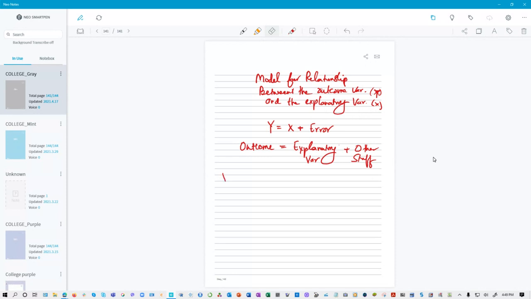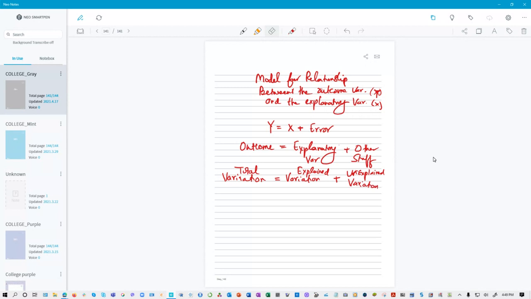That one we're going to say is the total variation on this side. See, explained variation. You can explain this variation. Explained variation plus other stuff means unexplained. That cannot be explained. Unexplained variation.